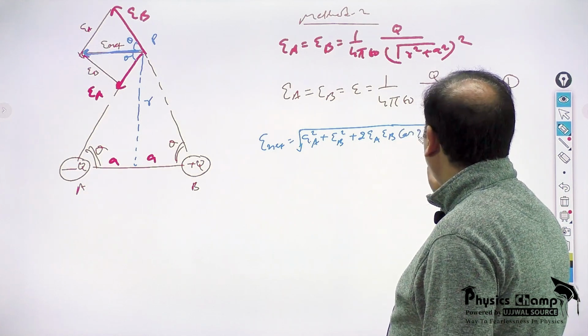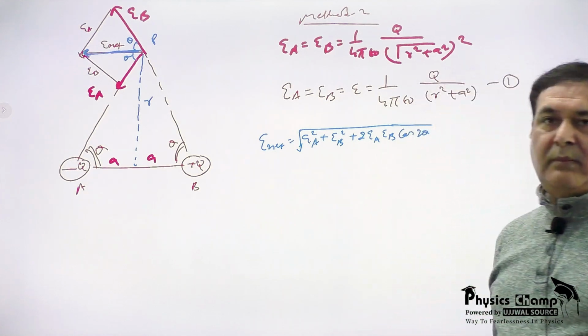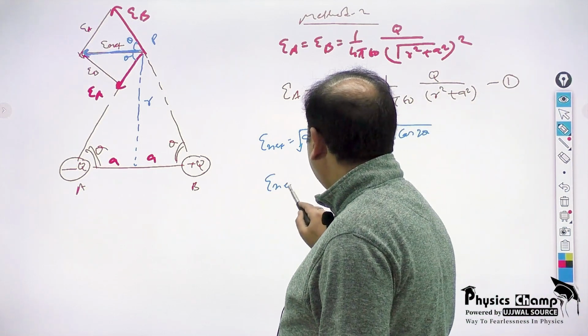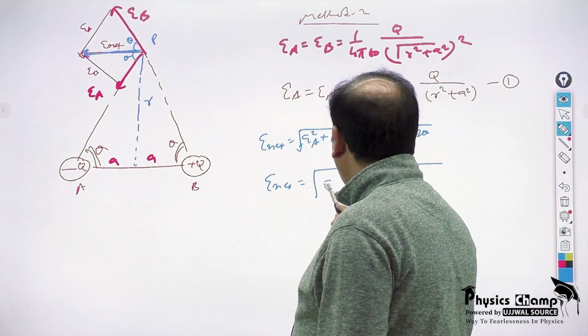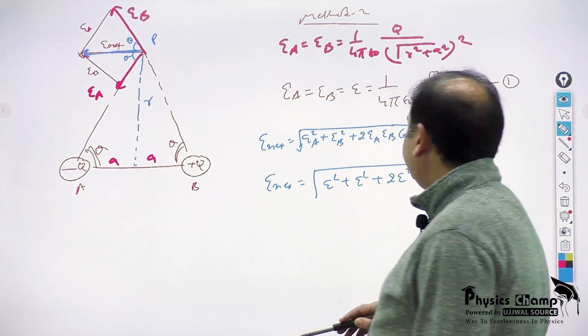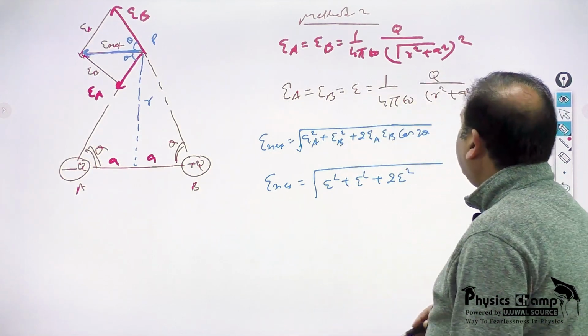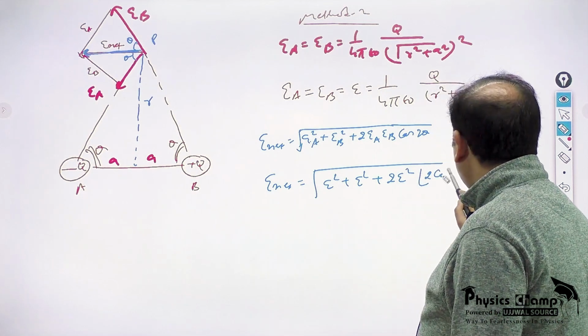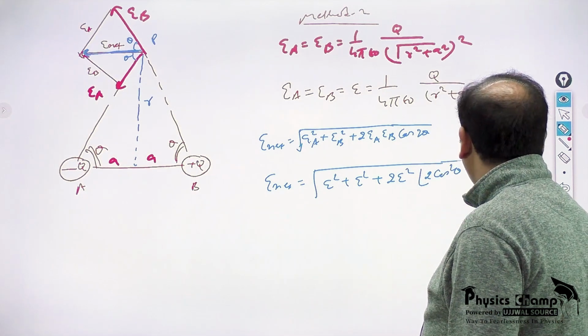Cos 2 theta. So when I look for the net electric field, I can say root of E square plus E square plus 2E square, and cos 2 theta can be written as 2 cos square theta minus 1.